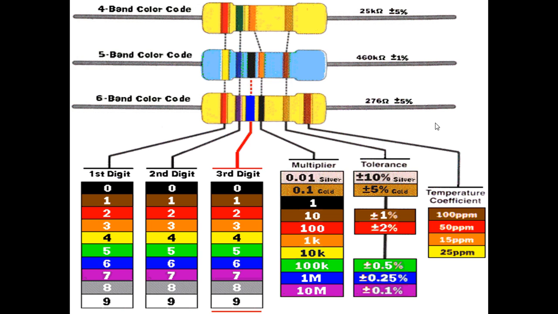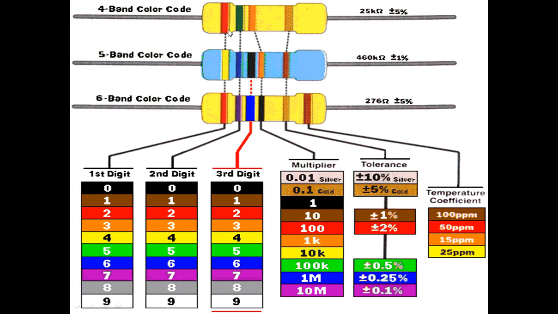Now I will discuss the color code. In the four-band color code, the first two bands are the digits.